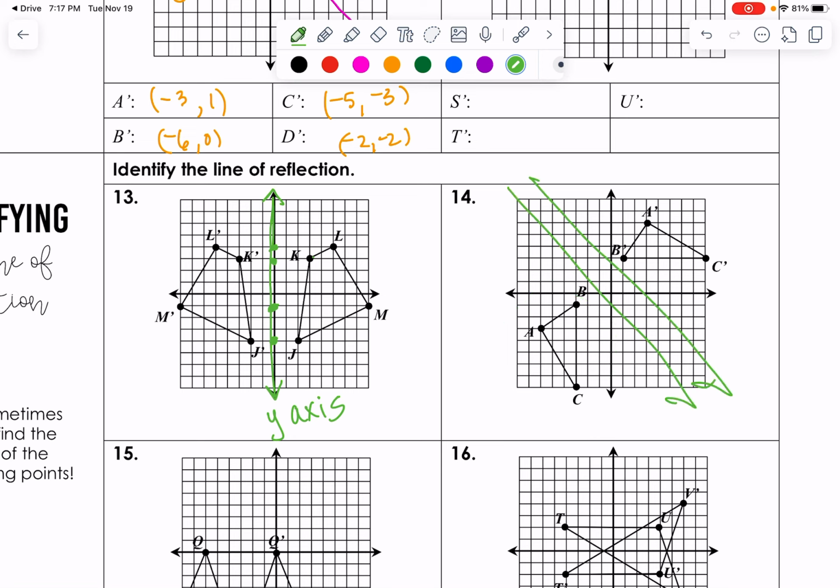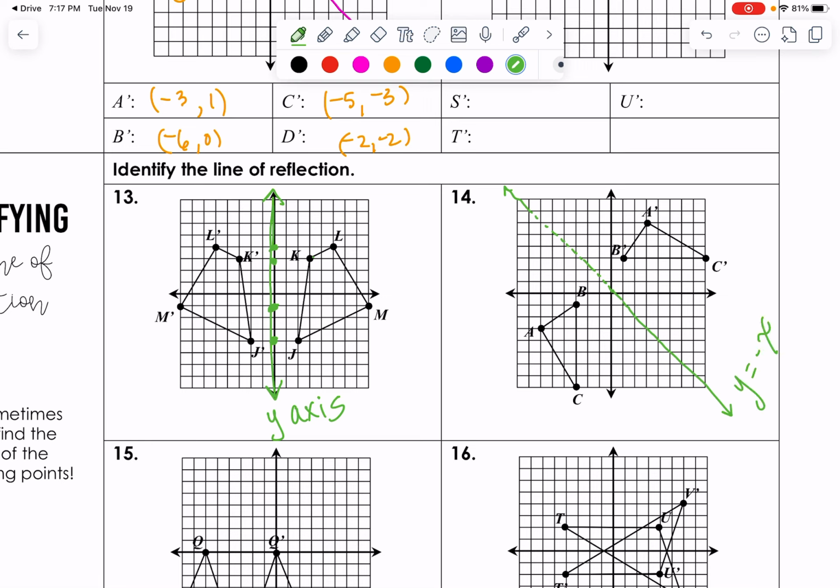We just got to figure out where it is. So since we've only talked about, for diagonals, y equals x and y equals negative x, let's see if y equals negative x holds our pattern. So this is y equals negative x.